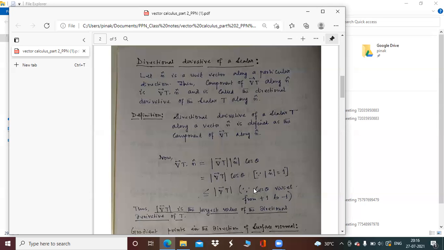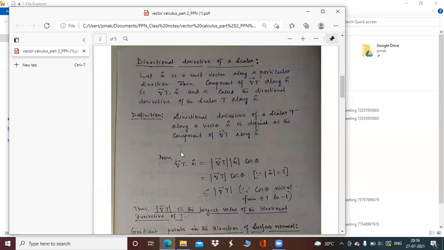Now you see, the value of cos theta actually varies from +1 to -1. When cos theta is equal to +1, that means when cos theta attains its maximum value, then this directional derivative is equal to simply the magnitude of gradient of the scalar T. For all other values of cos theta, the values will be less than 1.